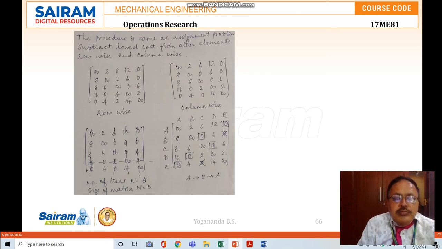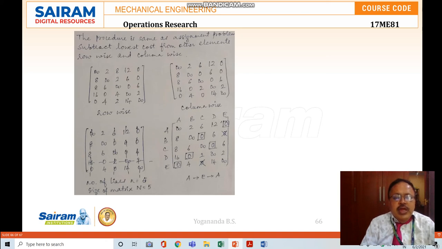So now start allocating to the zeros. The allocation is started in such a way that first we search for any row or column that has only one zero.